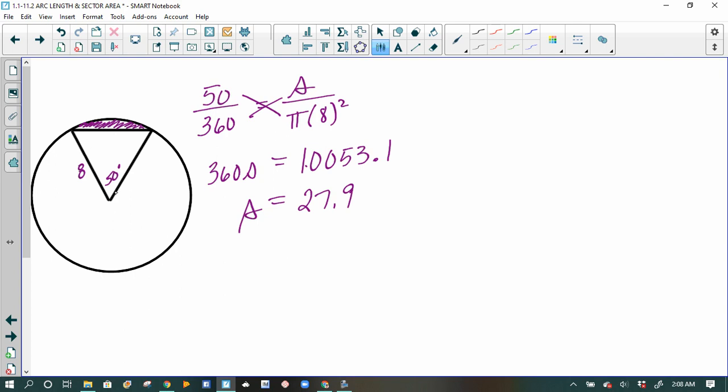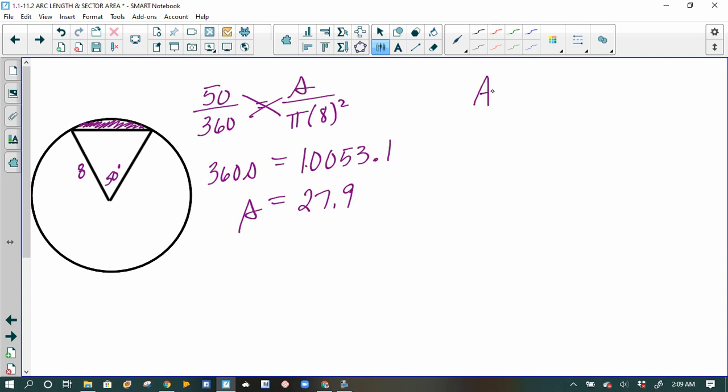Well, this is a triangle. So if we're going to find the area of said triangle, then we're going to do base times height. So let's see. Actually, I'm going to show y'all this formula using trig a little bit.